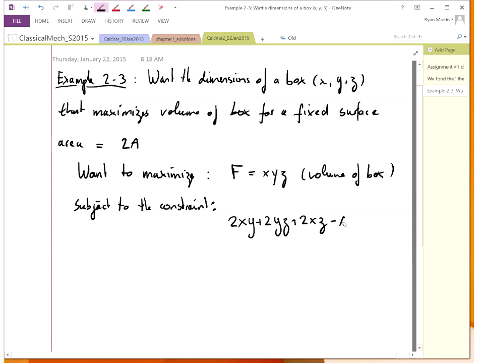So in other words, this minus 2A equals 0. And so I can call this little f. So little f is the function 2xy plus 2yz plus 2xz minus 2A. And so the constraint, we can write it in the form of little f equals 0.